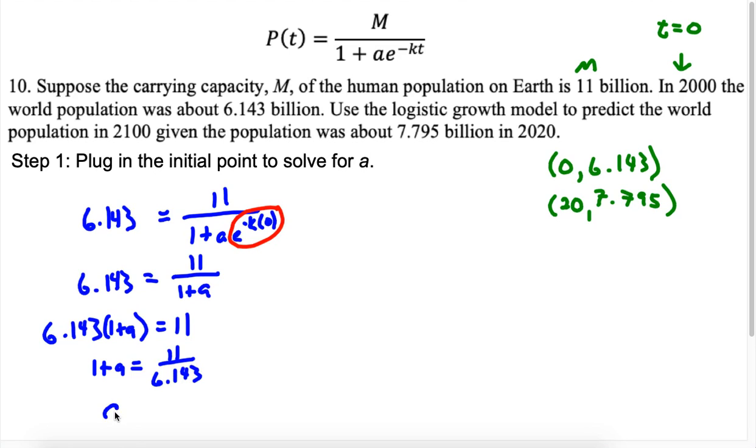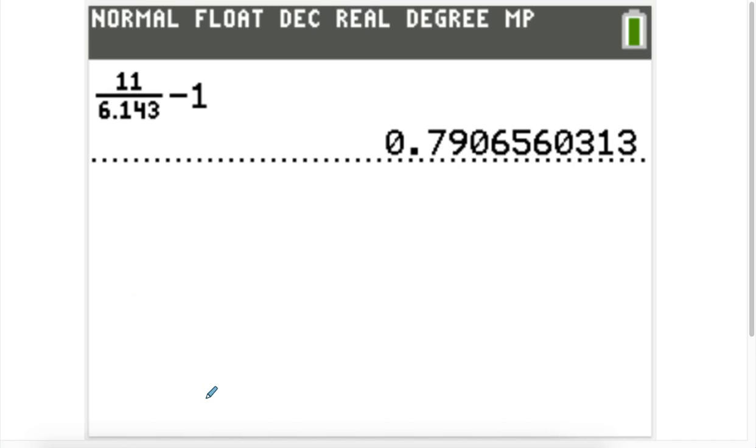And then subtract the 1 over. And we'll get a equals 11 over 6.143 minus 1. Okay, and then let's plug that into the calculator. So if we plug that in, we'll get that a is equal to this 0.79065600313.